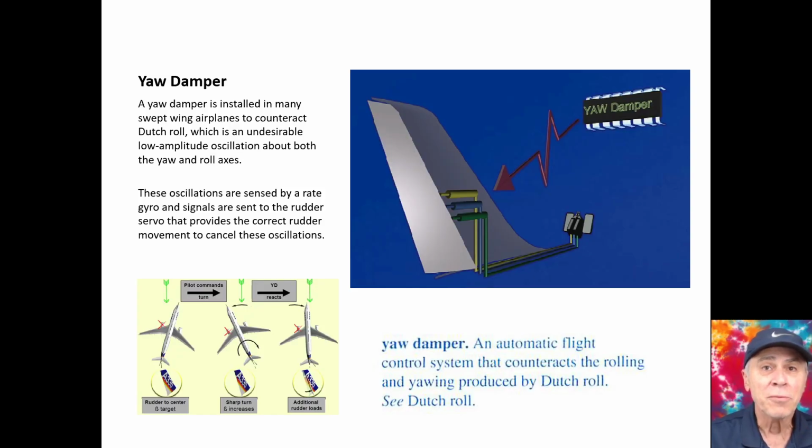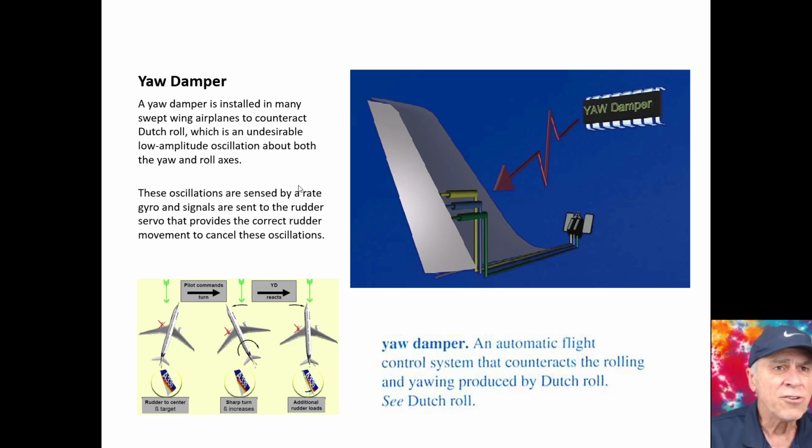We mentioned briefly the yaw damper. It's a phenomenon more for pilots. It's tied in with this Dutch roll, yawing action, similar to when we were talking about you're coming in at a crab angle. Well, this is similar. A yaw damper is installed in many swept-wing airplanes to counteract Dutch roll, an undesirable oscillation.